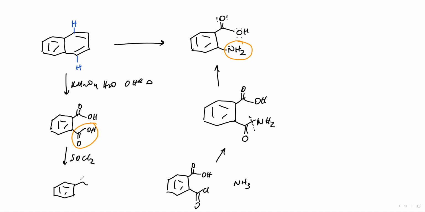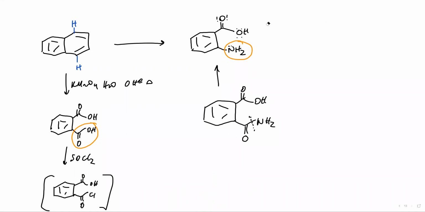Now, here is the interesting thing, and I think you guys won't see it until I draw it. Although this is the intended intermediate to do this reaction, so I'll erase this part here, this is the intended intermediate so that we can get the amine to attack it. Notice how the carboxylic acid is right next to this acyl halide.